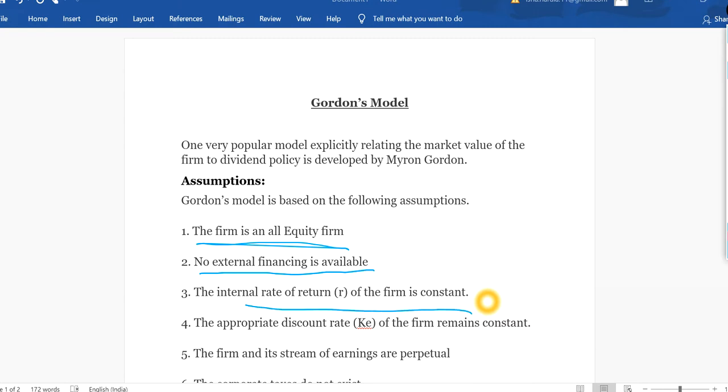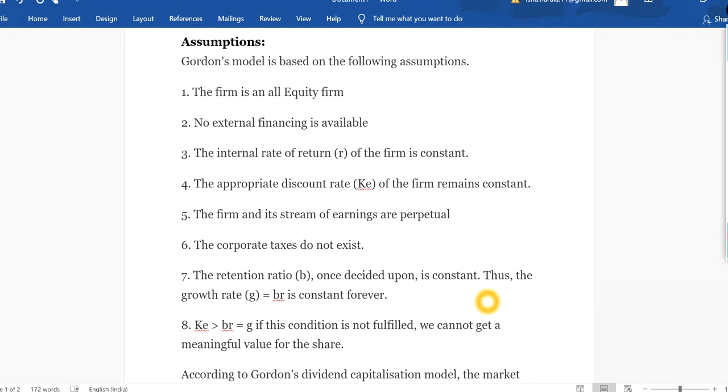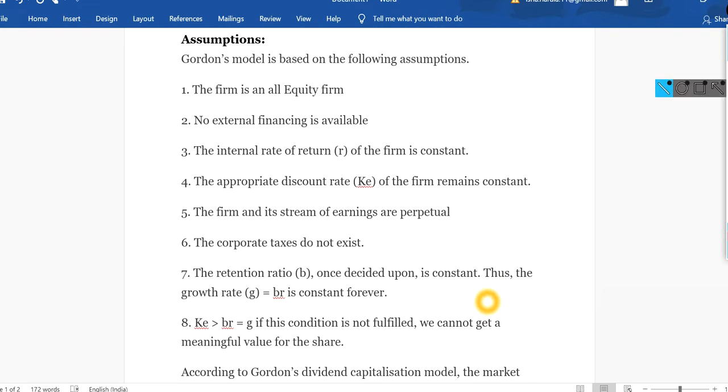The appropriate discount rate, which means KE, the cost of equity, remains constant, and the firm and its stream of earnings are perpetual, ever going. Then there is no corporate tax, as you can see here.